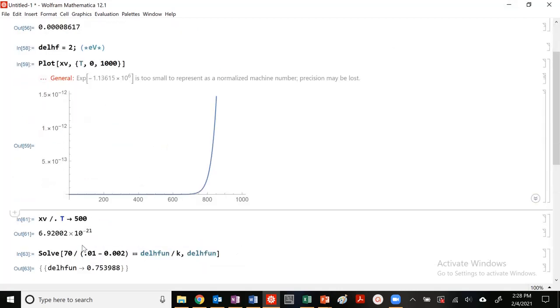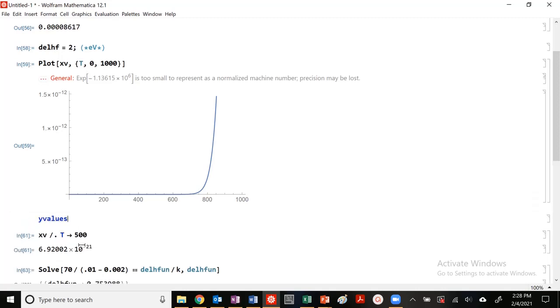Now you could also, for example, create y values of ln XV. I do a table of the natural log of XV, with T going to I, from 1 to 1,000.